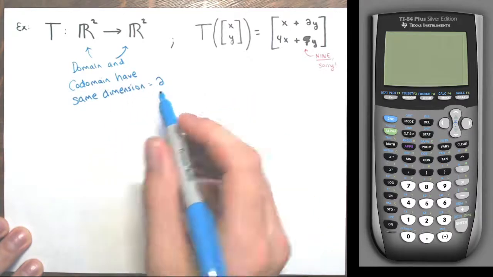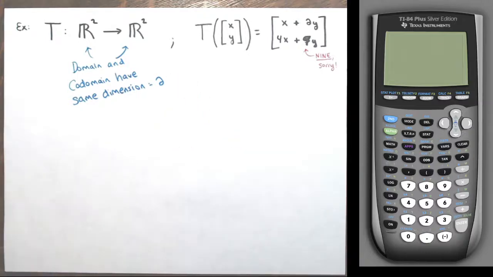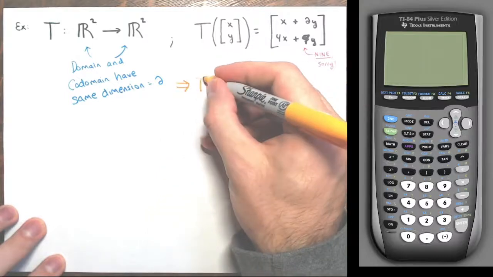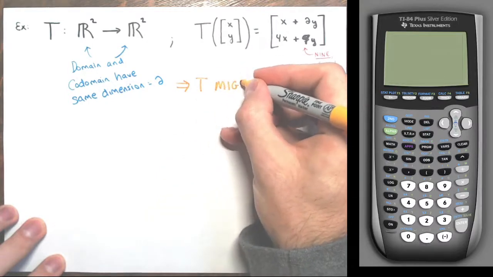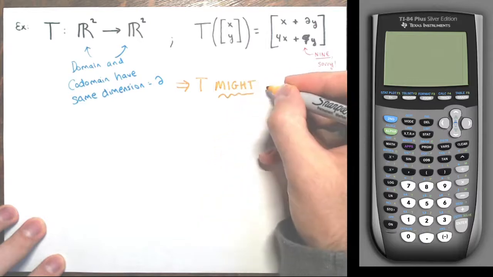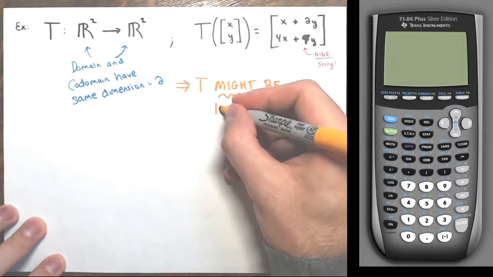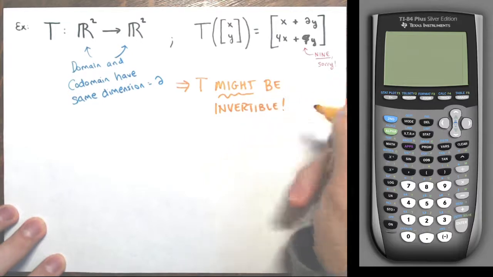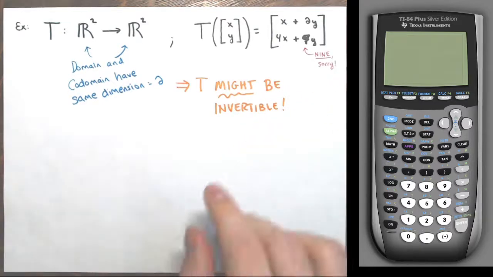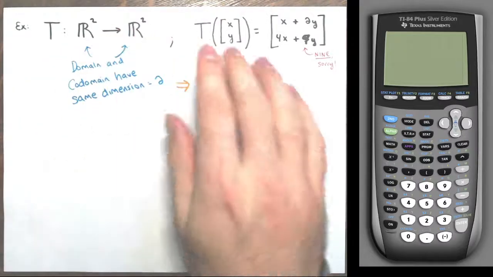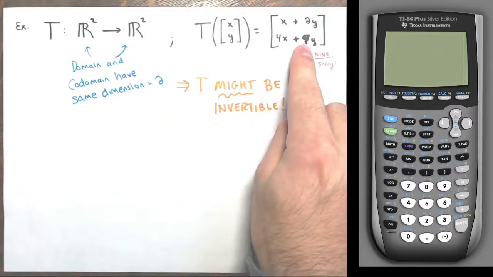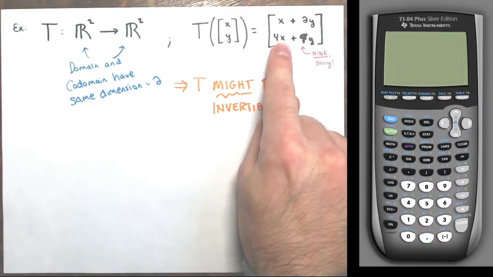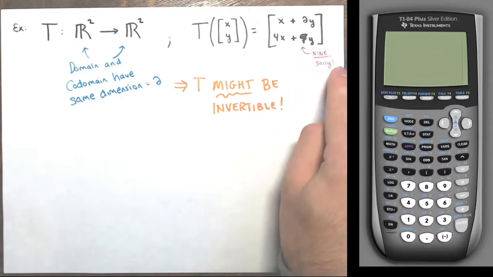So that tells me that T might, big emphasis on that word, might be invertible. So we have to find out. It's from R2 to R2. It takes a vector with 2 components and outputs another vector with 2 components. That's x plus 2y for the first component, 4x plus 9y. Sorry.